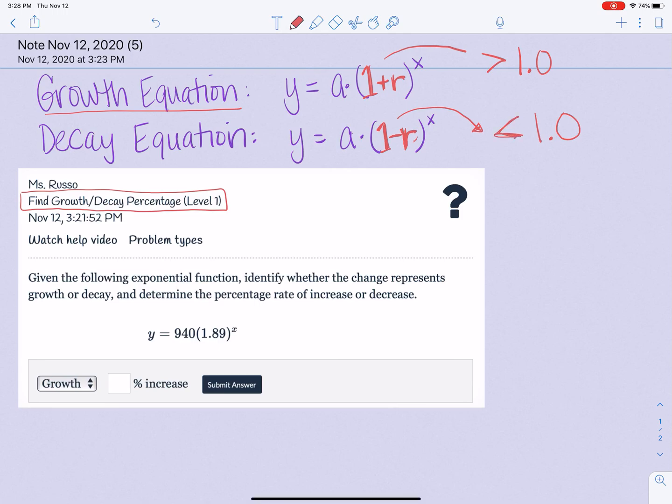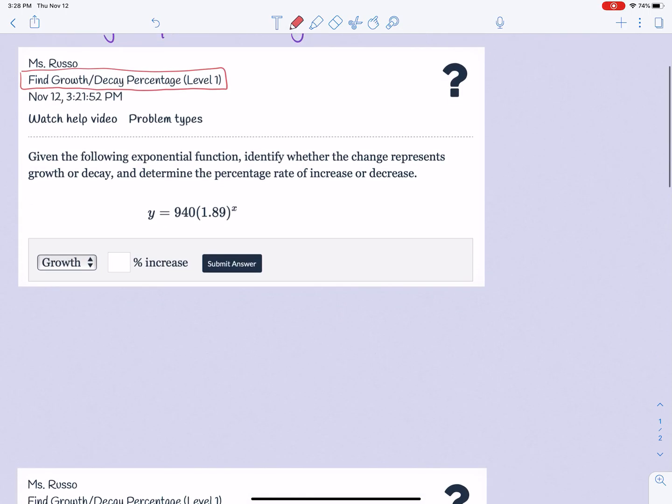So when we take a look at our equations, if it is greater than 1, then we know it is a growth equation. If it's less than 1, then we know it is a decay equation. So let's use that information and start to find some solutions.